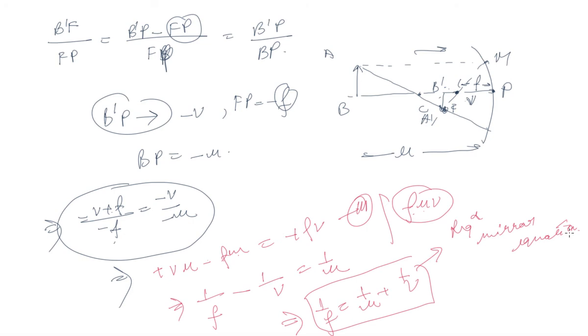Now if you look at the two heights, this is H' upon H, the height of the image upon the height of the object.